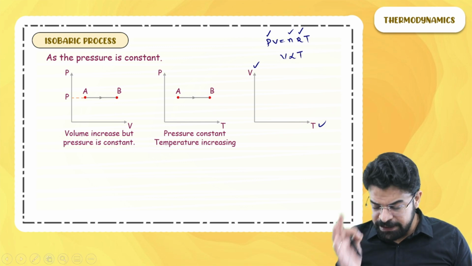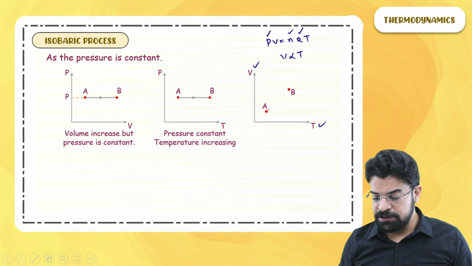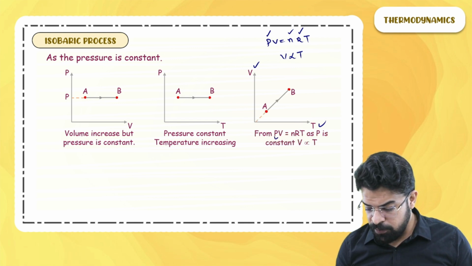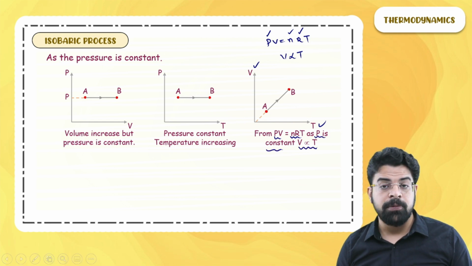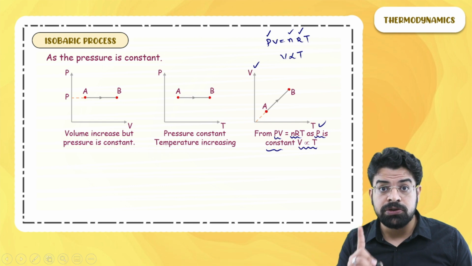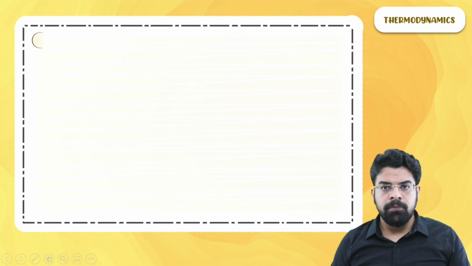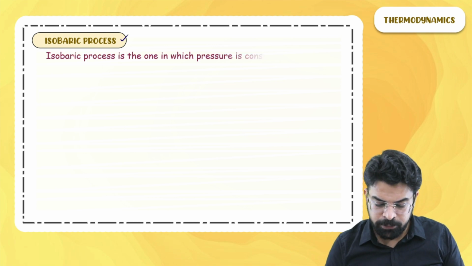So on the VT diagram, you get a straight line passing through the origin.